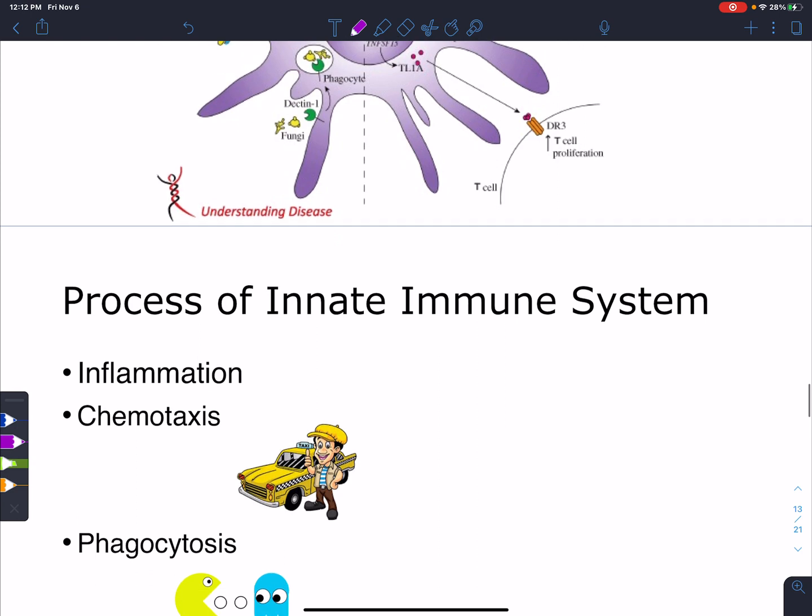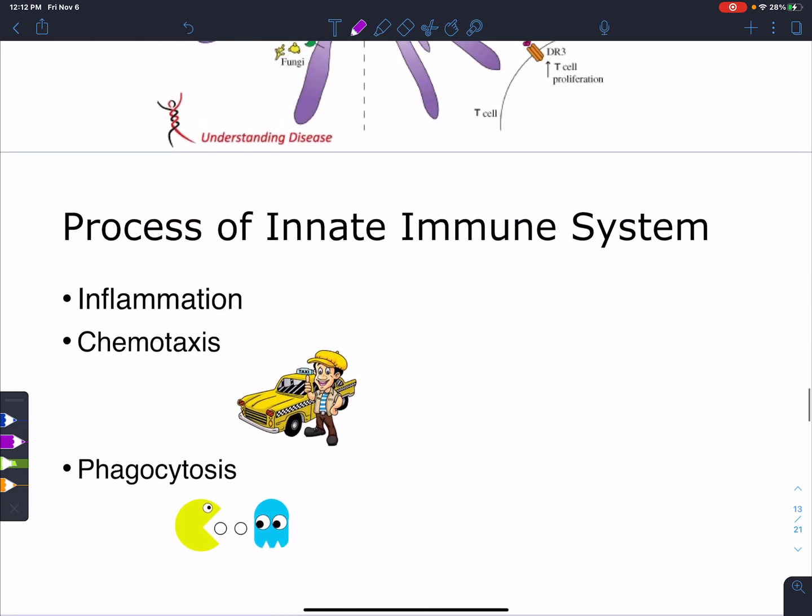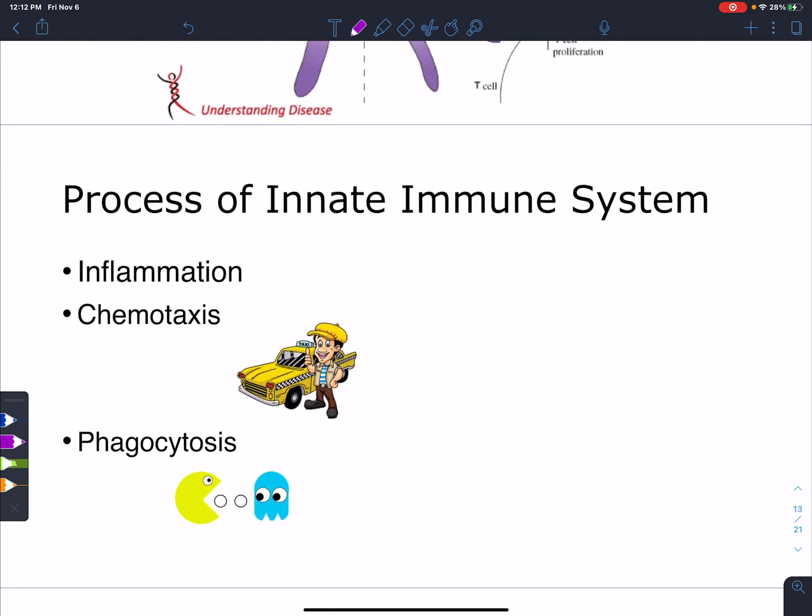So the process: how exactly does our innate immune system work? We talked about the cells with it. What happens when we're exposed to something? Typically you have an inflammation originally. If you think about that, when you cut yourself, it usually does swell a little bit. That's the inflammatory process. Here's chemotaxis.